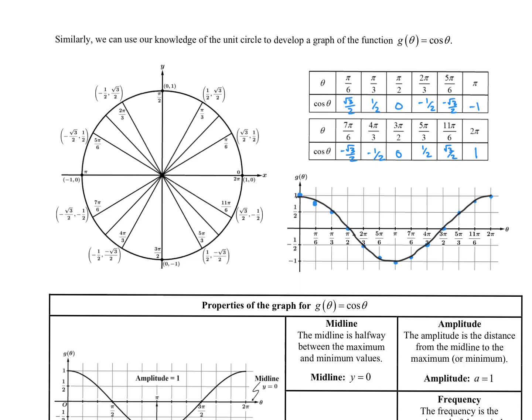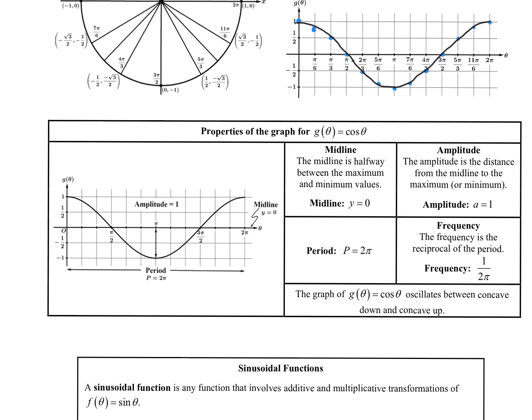All right? And again, we have the same things going on here. We have midlines, amplitudes, periods, and frequencies. And then they're all the same between sine and cosine here. So if you look at the midline, in between my max and my min, I still have y equals 0 unless it's shifted. All right, and then our amplitude is still going to be 1 unless it's squeezed or stretched.